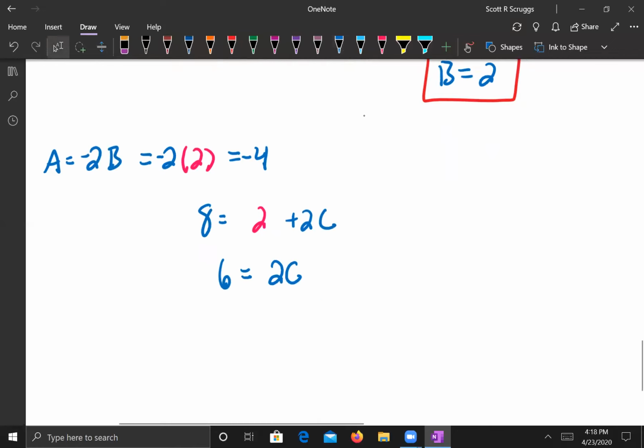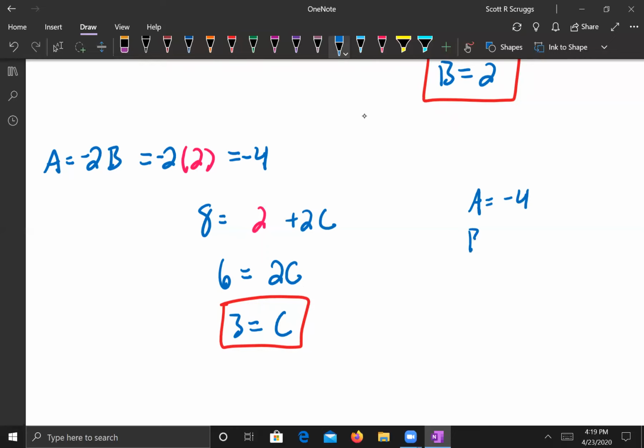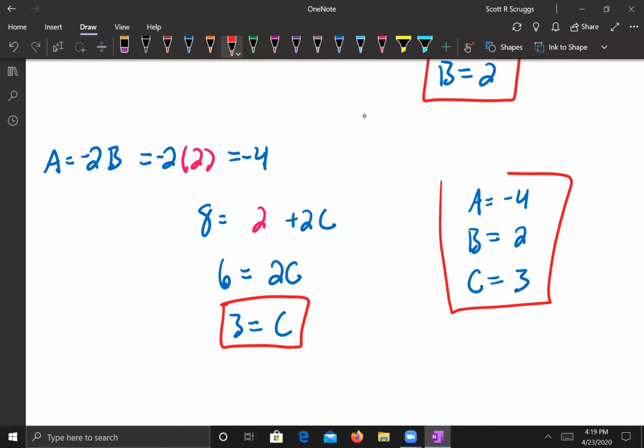And then if I divide by 2, I get that c equals 3. And so there's method 1 of how to solve for that using a system of linear equations. For reference, I'm going to keep what we solved for our constants up above, so we could go back to it and make sure that we're correct.